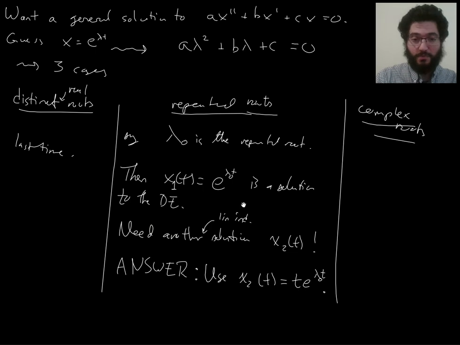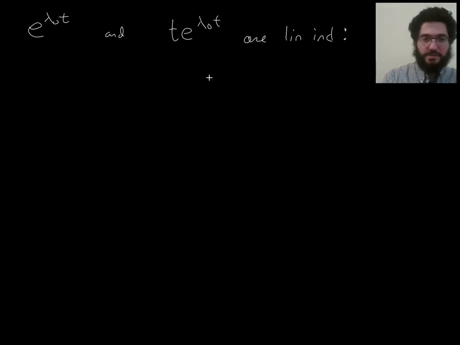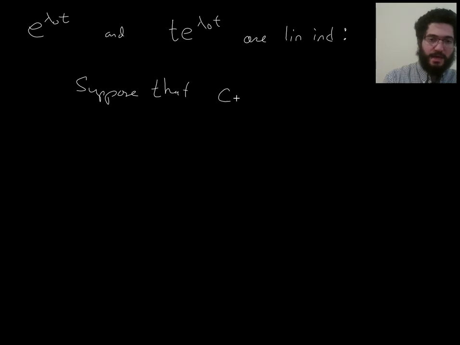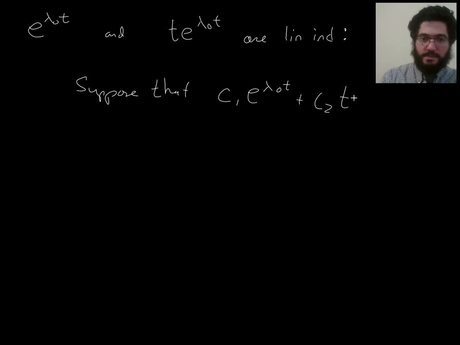Okay, now what I still need to convince you is that this really is linearly independent. So let's look at that. So I'm going to convince you that these are linearly independent. So suppose that, so I hope it feels intuitive to you that they are. If C1 e to lambda naught t plus, if this is 0, it should feel like C1 and C2 have to be 0.